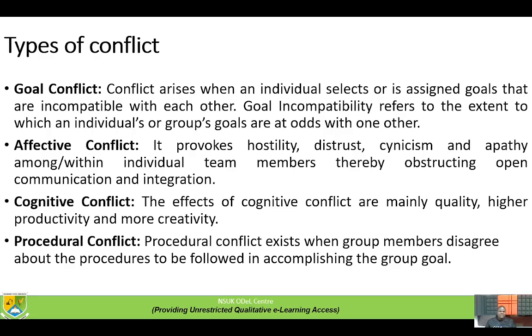This simply means that when functions are given to individuals that are not related to their areas of strength, that is, their background and understanding, it becomes a conflict, because at the end of the day, the person will be under pressure to give their best or to try to meet up with the standard of the organization.